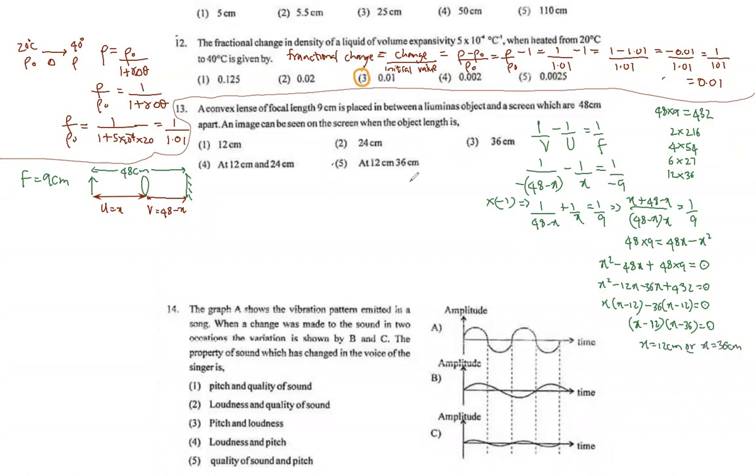Do they have both the answers or one? Fifth one is correct, because you can keep it at 12 or 36. For both it's correct, because there will be two object distances where you will be able to get the image. Fifth is the answer.